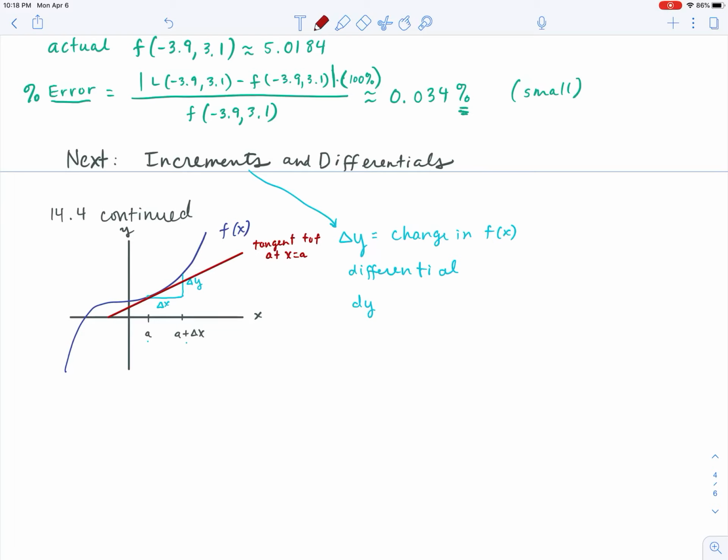What dy represents is the change in the tangent. And so dy is this distance here.